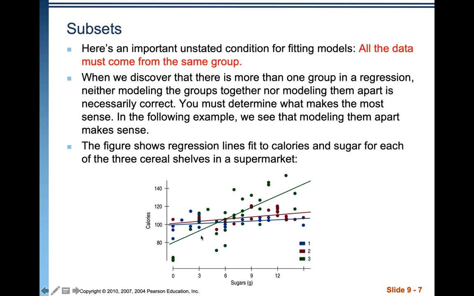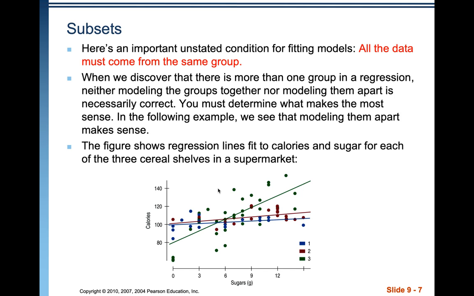Group three has the highest slope, which means that sugar has a much larger impact on calories. For every increase in sugar, there's a bigger increase in calories. So it's probably really sugary cereals that don't have a lot of protein.